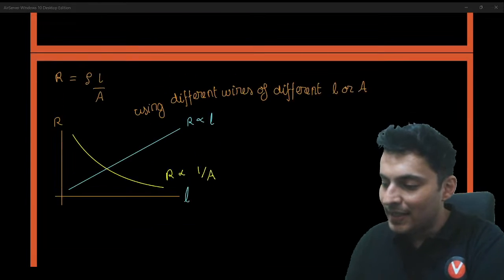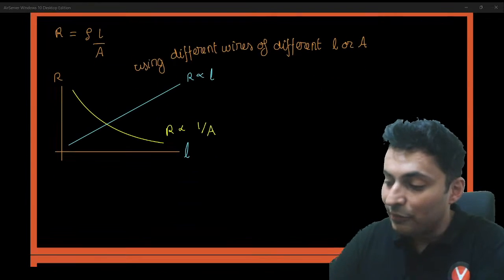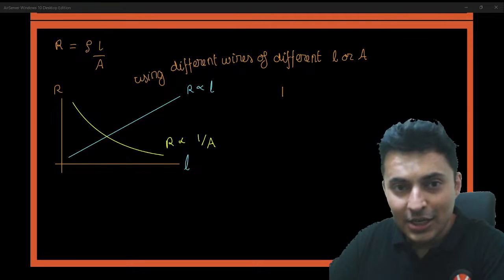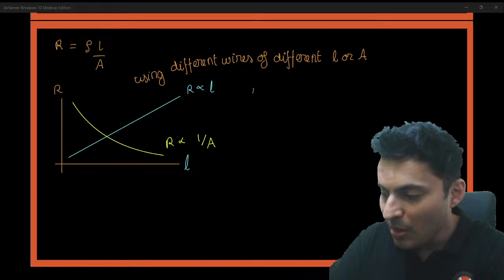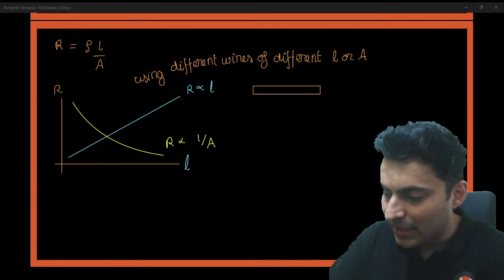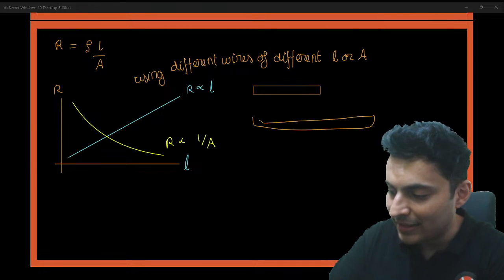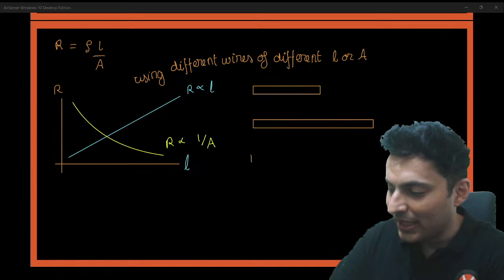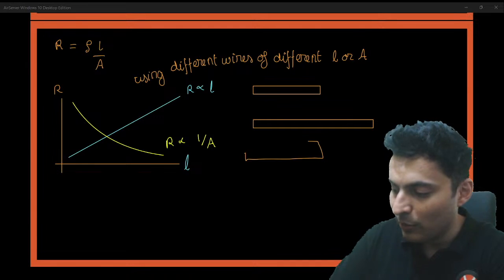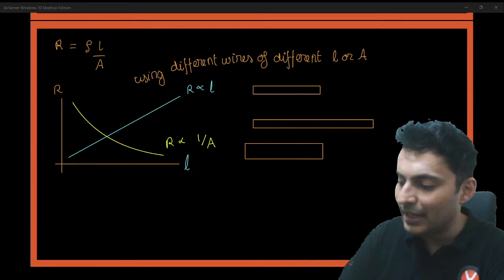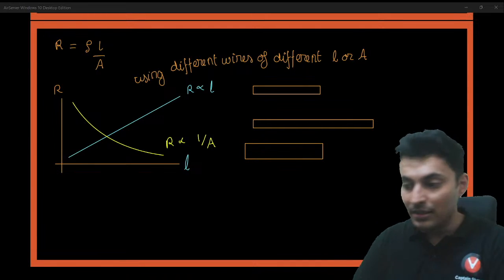So understand this. In the first graph, you take one wire like this, you take another wire like this. You are taking different wires of different cross sections and areas, and you are measuring the resistance.